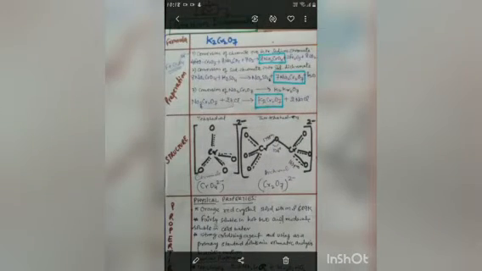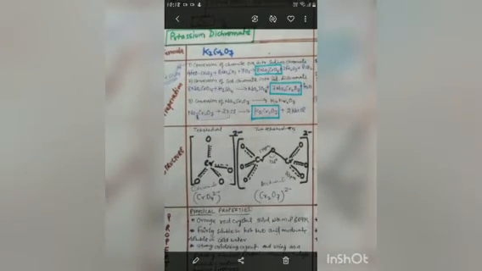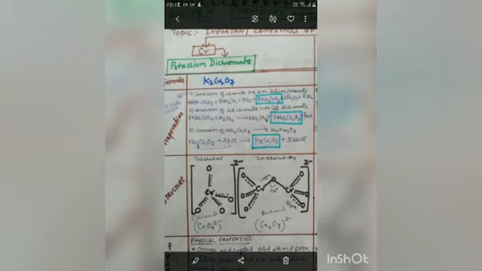Whereas potassium permanganate we get by 2 steps, that is from mineral pyrolusite MnO2, and second is from electrochemical oxidation. So the structure of potassium dichromate is tetrahedral, and there are 2 tetrahedral ions.